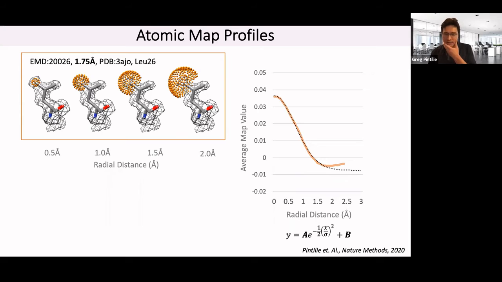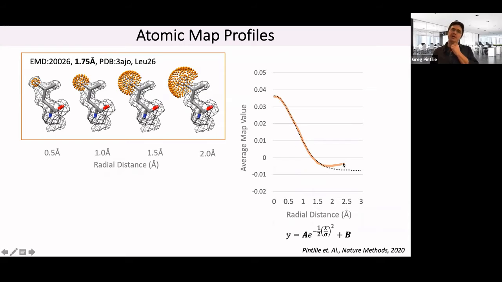But in this case, if we take a Gaussian function, which has this form, and we fit it to this curve, it actually fits pretty well. The Gaussian function that's fitted to this curve is this black dotted line. It fits pretty well up to maybe 1.5 angstroms, and then here it starts to trail off.